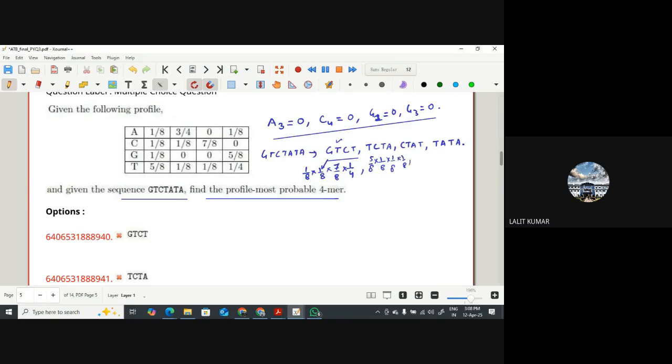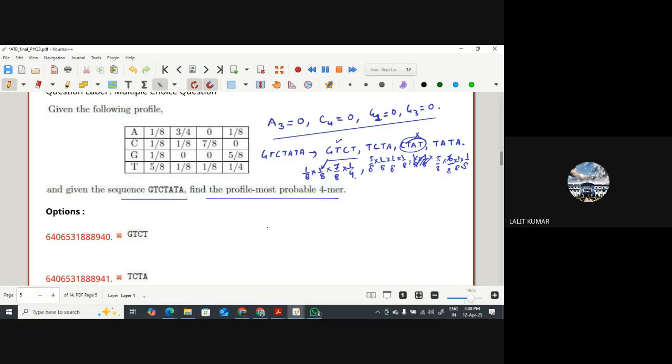CTAT, C is 1 by 8, T is 1 by 8, A is 0, so this becomes 0. And TATA becomes 5 by 8 into 3 by 4, which I can write as 6 by 8, and then T is 1 by 8, and then A is 1 by 8.